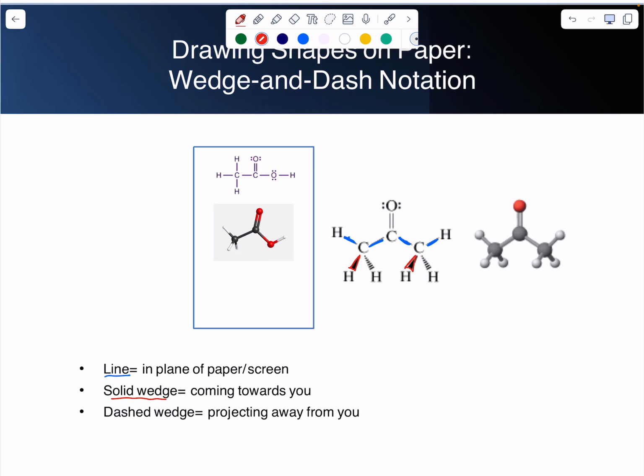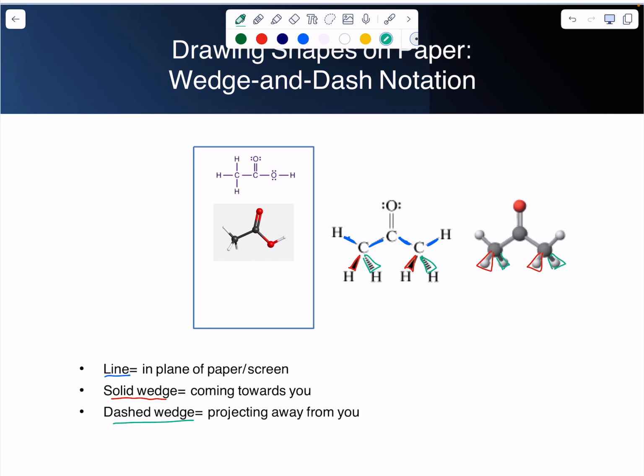And if you look, that is representing this atom right here in the ball and stick model, okay? And then our dashed wedge is the one that's going to be projecting behind the screen. So this one is kind of shaded to look like it's going away from you, okay?